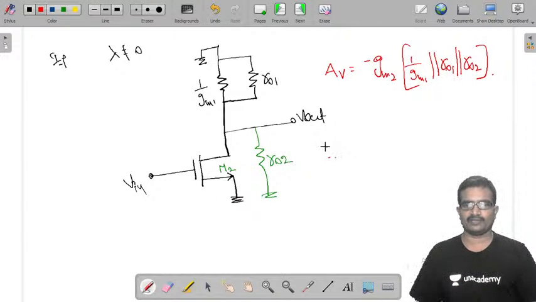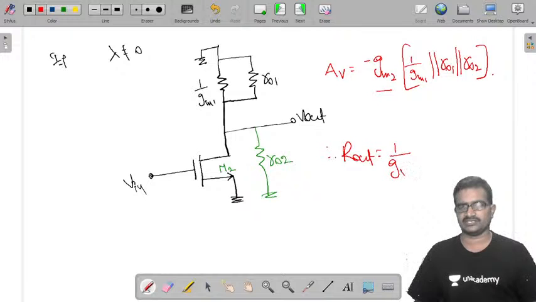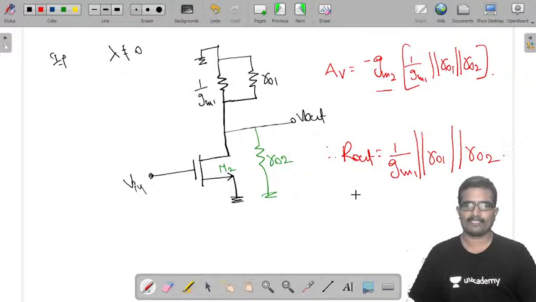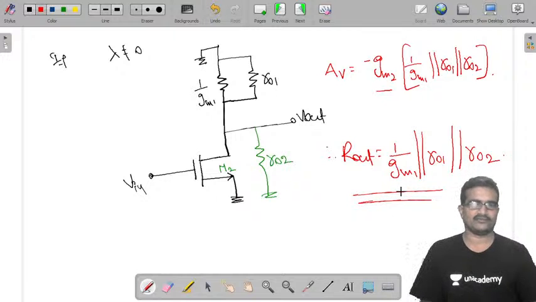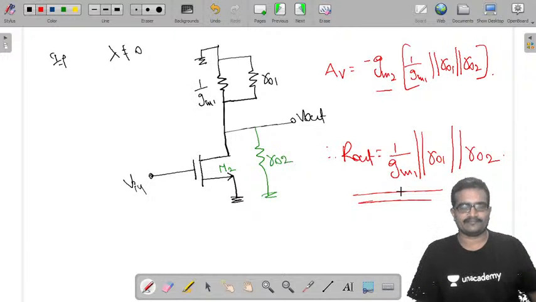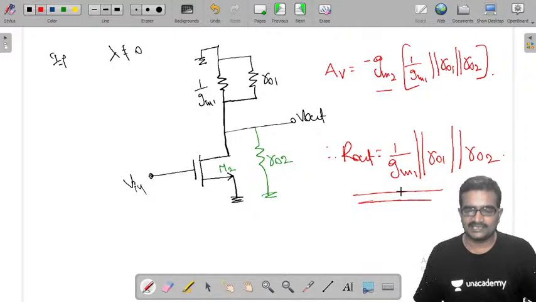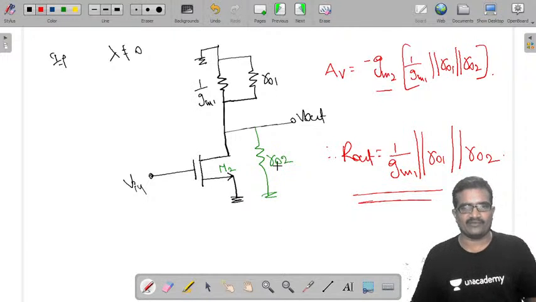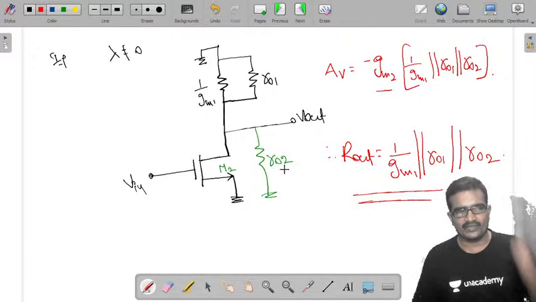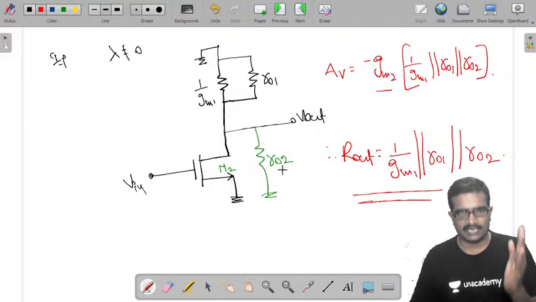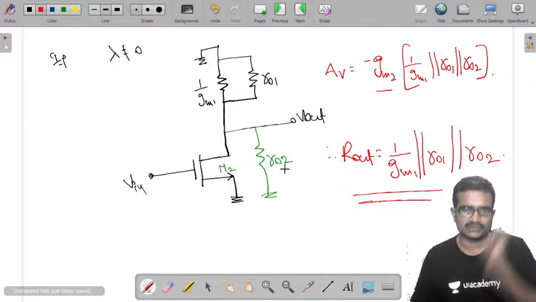And therefore the output impedance of this circuit is, except Gm, the remaining: 1 by Gm1 parallel with R01 parallel with R02. Like this we can do the analysis on these circuits. This is about your common source amplifier with diode connected load as well as current source load.